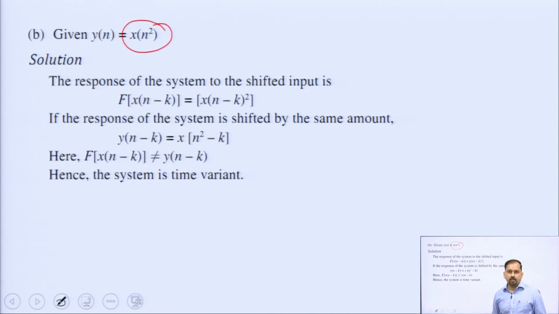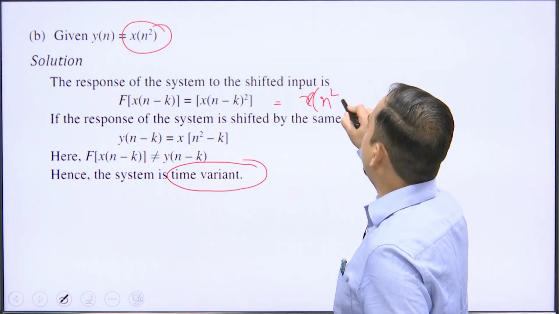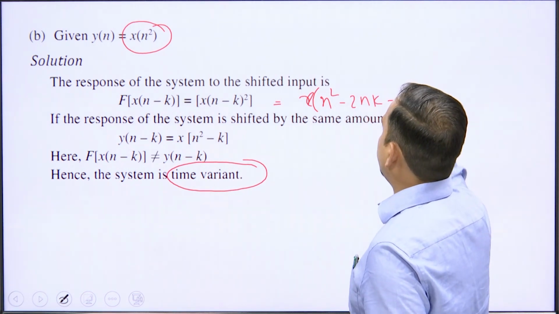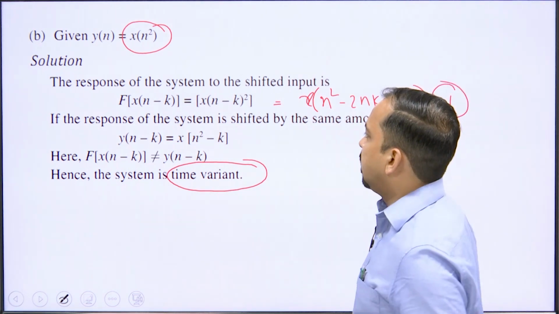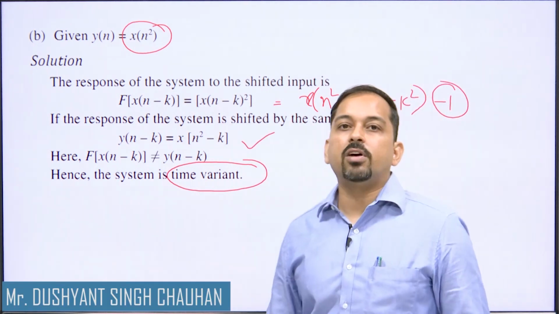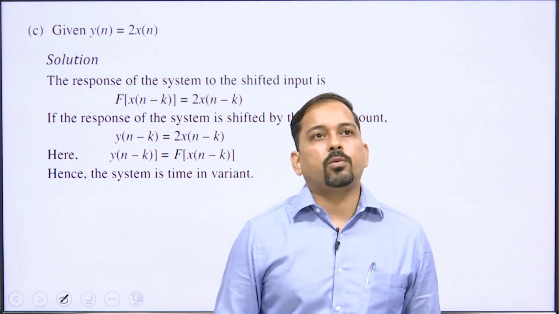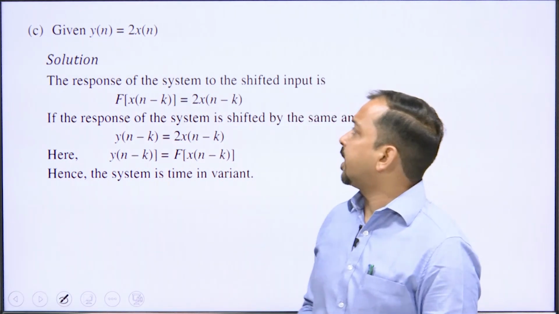Again we can clearly check that the system is time variant, because what we are getting here is x of (n minus k) square. If we open this, we get n square minus 2nk plus k square. Let us say this is equation number 1, and equation number 2 will directly give us n square minus k. So this is the second case.